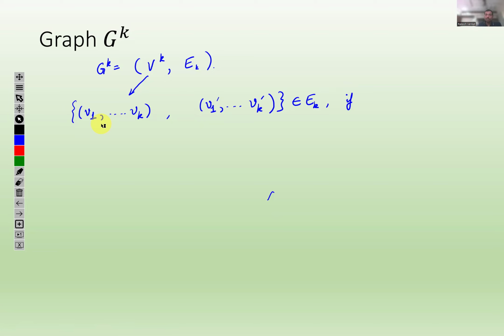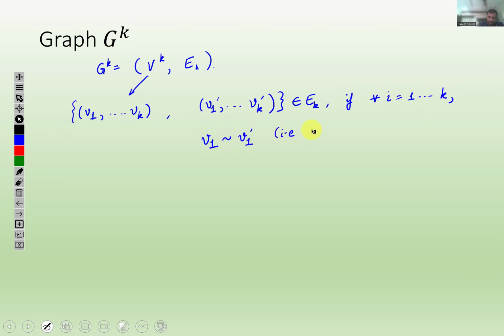If there's even one coordinate where these two will not be confused, then they are distinct, and they will not be confused with each other on the output. So you put a conflict if for all i from 1 to k, Vi is similar to Vi prime.